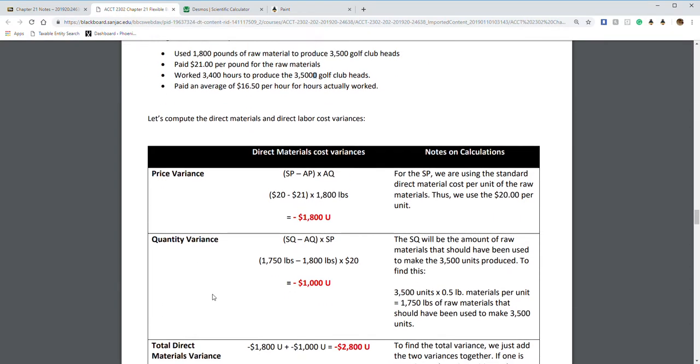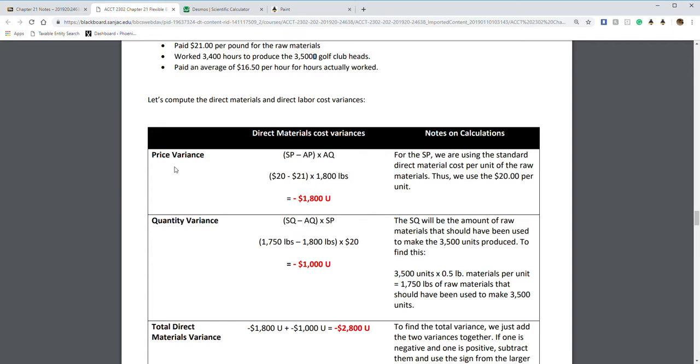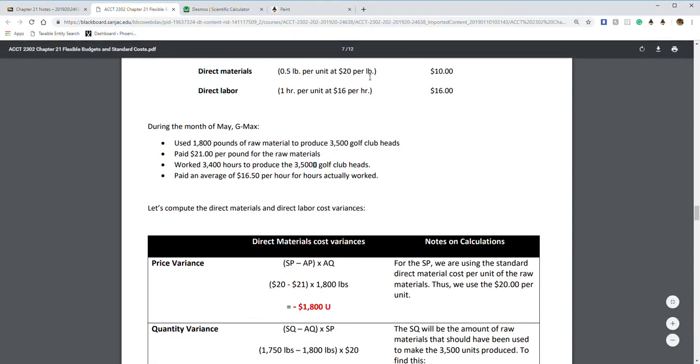So starting off, price variance again is our standard price, which was $20 per pound, minus our actual. We actually paid $21 per pound, times actual quantity, which was 1,800.